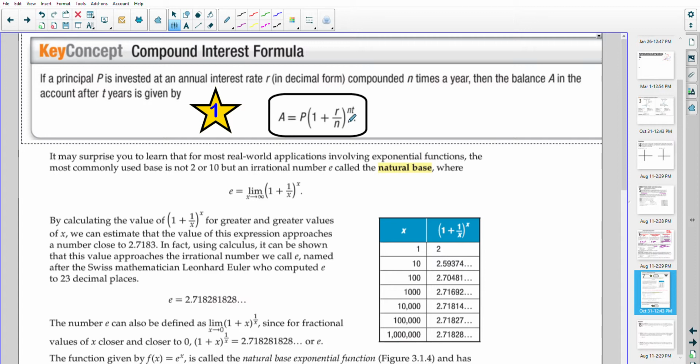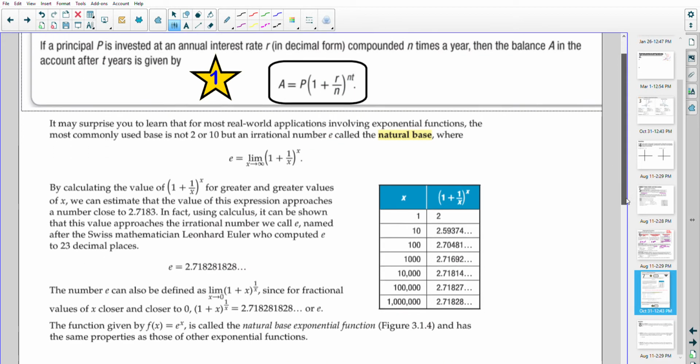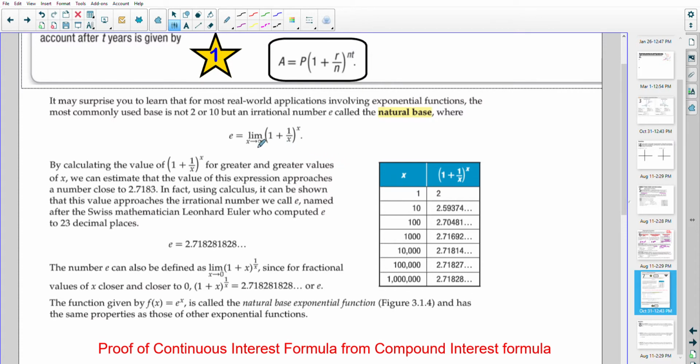Starting with the compounded interest formula, notice that you can get Euler's number by taking a limit situation, and you can see as x gets larger that your number E, which doesn't repeat or terminate, is equal to approximately 2.718.